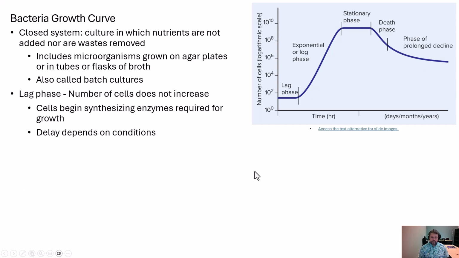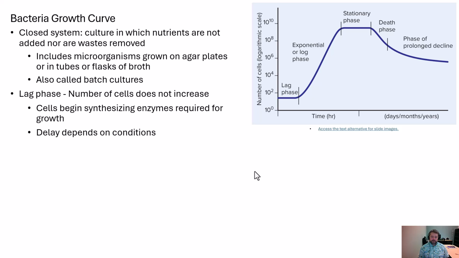So again, lag phase, the number of cells are not really increasing. They might be increasing a little bit, but it's not noticeable, in terms of how many new individuals are coming into the population. This is a preparatory phase.